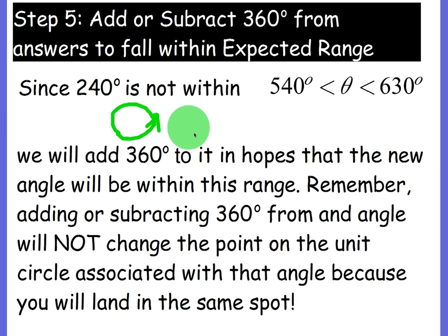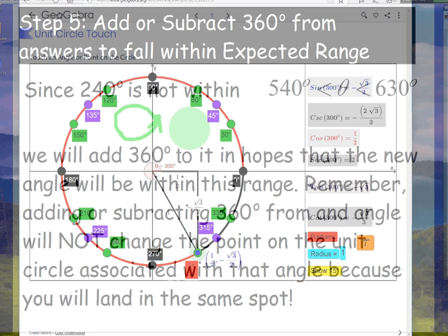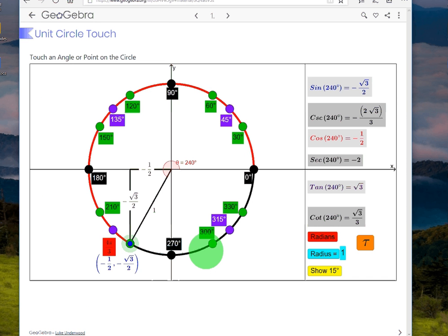Let's look at the unit circle and see what that looks like for 240. Here's 240. If we add 360, it will look like this. Same exact point, 360 degrees more. I believe that's 600. Yeah, 600 degrees is the same as 240. So that's kind of what it looks like.